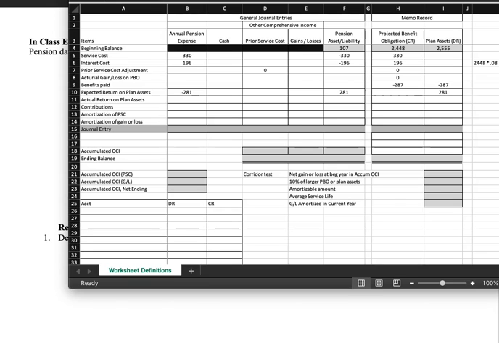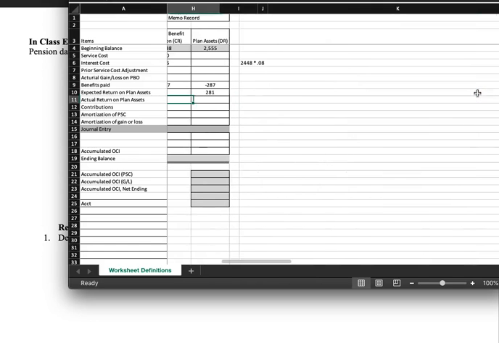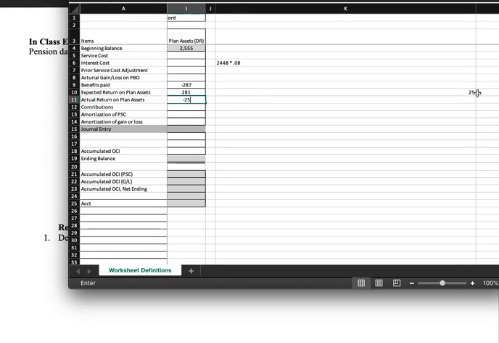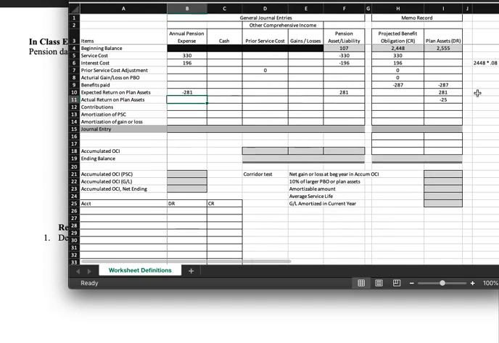We're going to round one, we have to round the other. Okay. Now, keep in mind, we're not going to put 256 in here. We need to bring that down. We expected 281. We only achieved 256, so that's a difference of 25. So we're going to do a negative 25 here because that's 25 less.